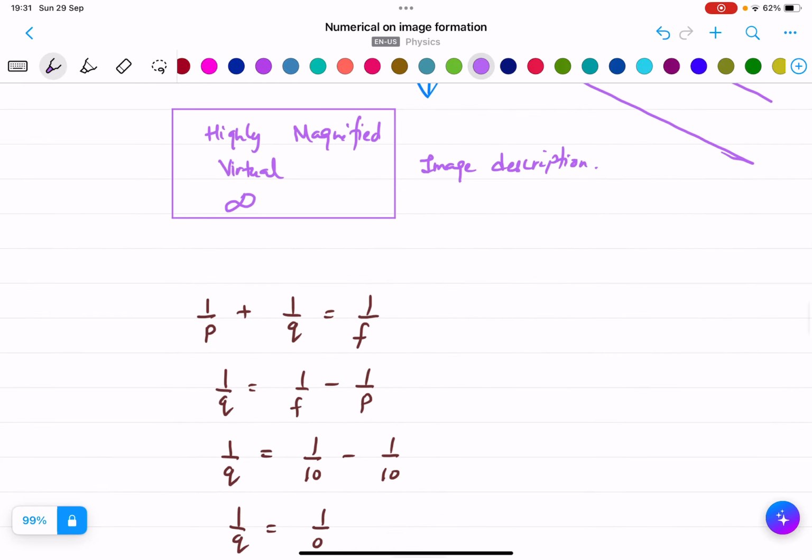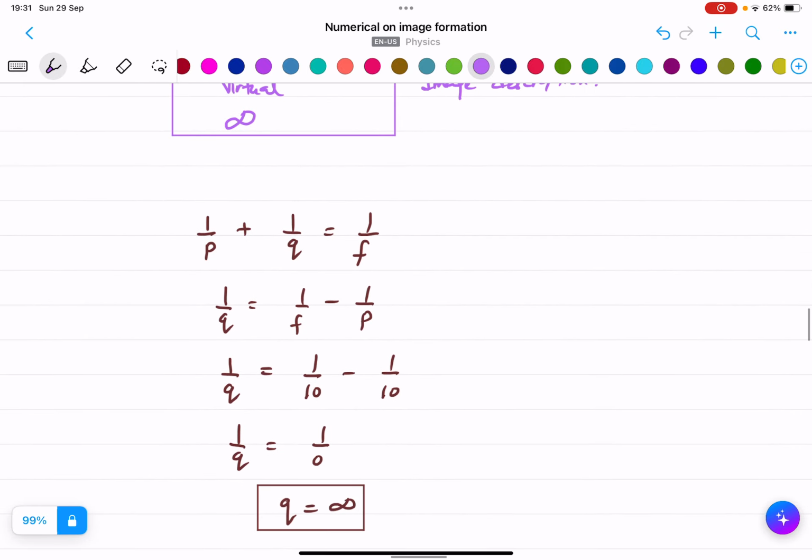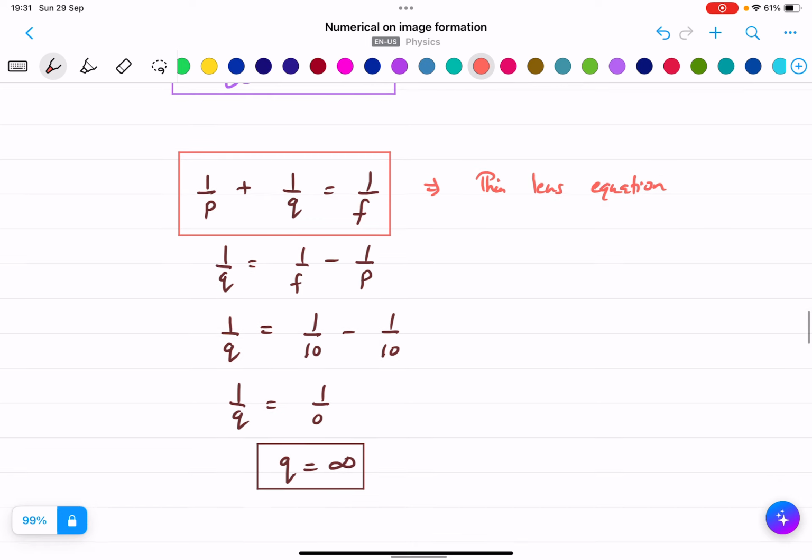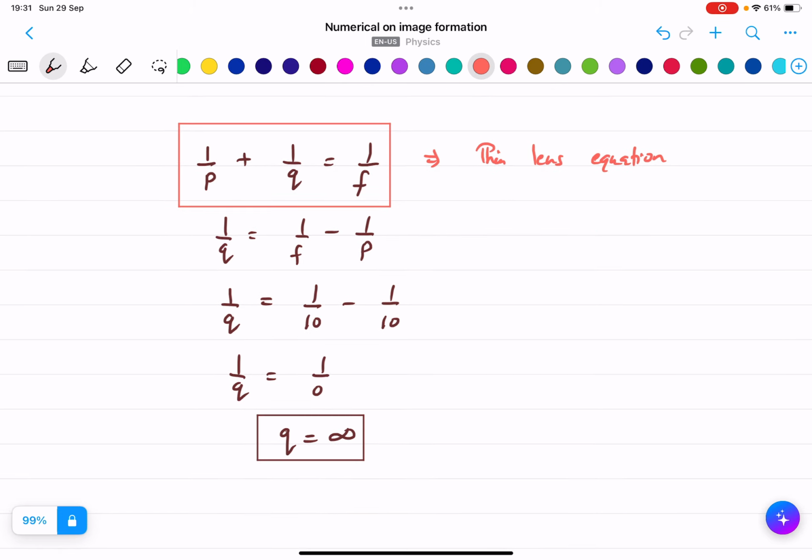Now again, if we need to find the image distance, we can verify it. 1 by p plus 1 by q equals 1 by f, the same formula, which is basically the thin lens equation. So we will find 1 by q equals 1 by f minus 1 by p, and then put in the values.